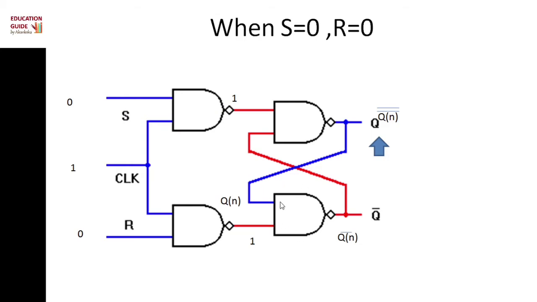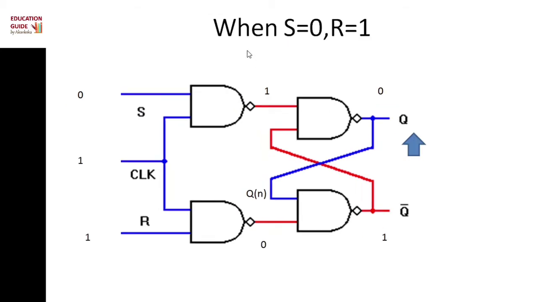In the bottom NAND gate, we find output as Qn bar by previous discussion, and in the above NAND gate, here is Qn bar and here is 1, then we get output Qn. So in the final we find Qn.